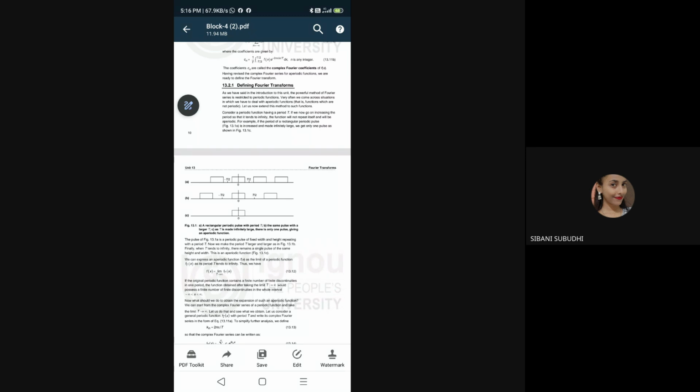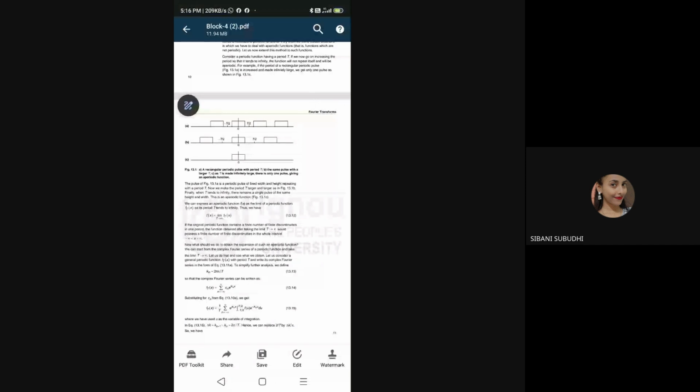So please see on the screen a rectangular periodic pulse with period T shown in A, and the same pulse with a large T shown in B, and as the T is made infinitely large, there is only one pulse giving an aperiodic function as shown in C. So an aperiodic function f(x) is the limit of a periodic function f_T as its period T tends to infinity.